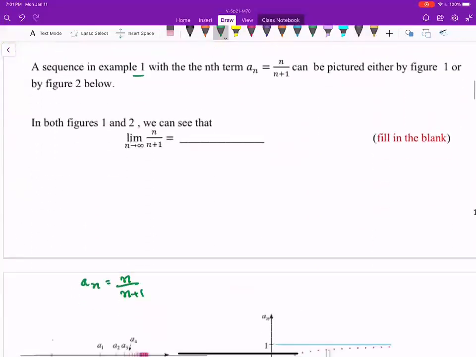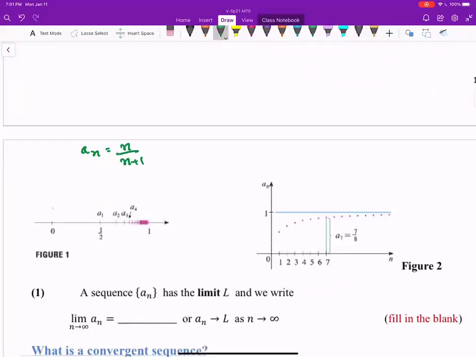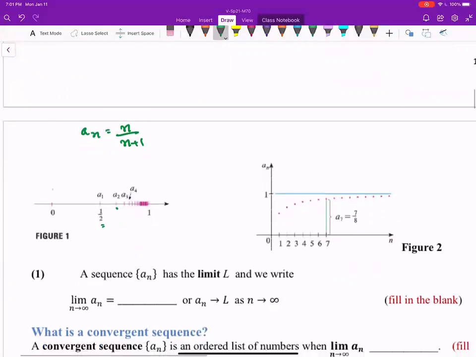If you look at this figure, A1 is 1/2, and then A2 is 2 over 3, and so on. You can plot the terms of the sequence as shown in this picture, or you can also plot the points as shown in the second diagram.